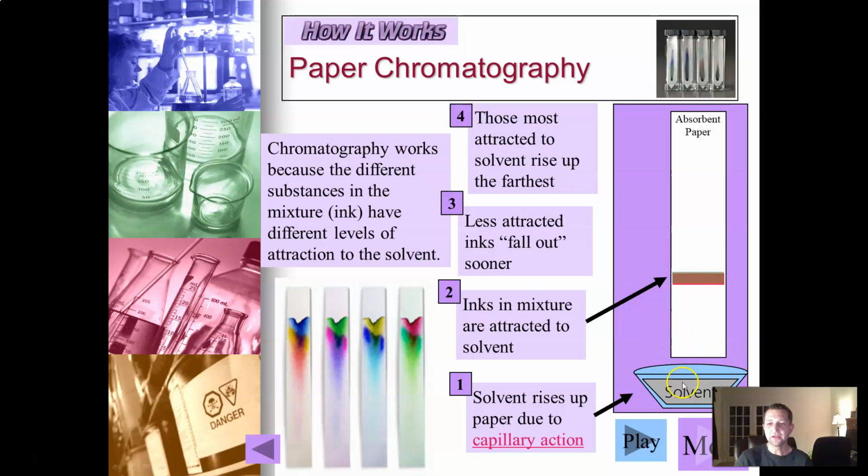You dip it in a solvent, usually water, sometimes some type of rubbing alcohol. The solvent starts to soak into the paper through capillary action, the last thing we talked about, and it moves up. And it's going to take some of those dyes, if it's a mixture, with it. Okay, let's check it out.